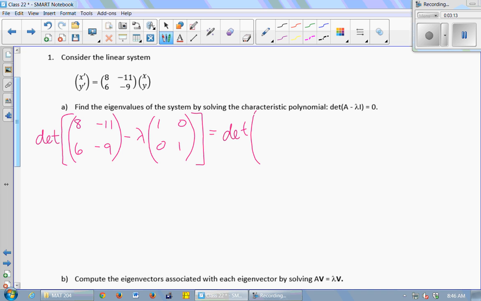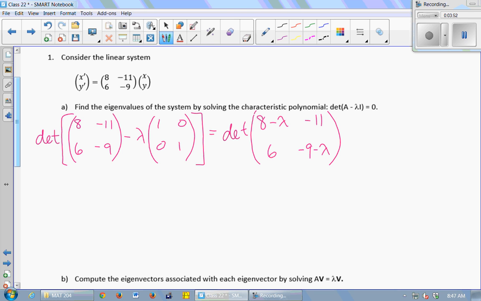So this becomes 8 minus lambda, and then negative 11 minus 0, which is negative 11, and 6 minus 0, which is 6, and negative 9 minus lambda. Any questions on how that calculation is done? I know if you didn't take linear algebra, I threw matrix arithmetic at you really fast, so let me know if there are questions there.